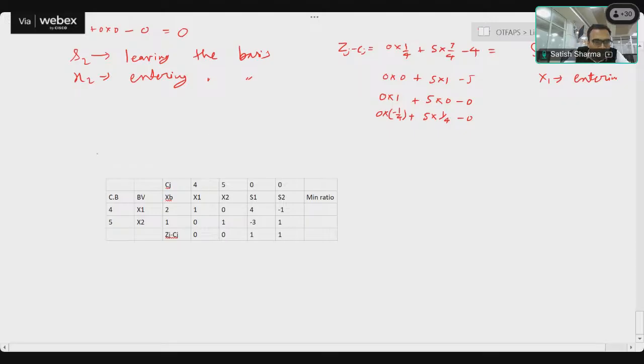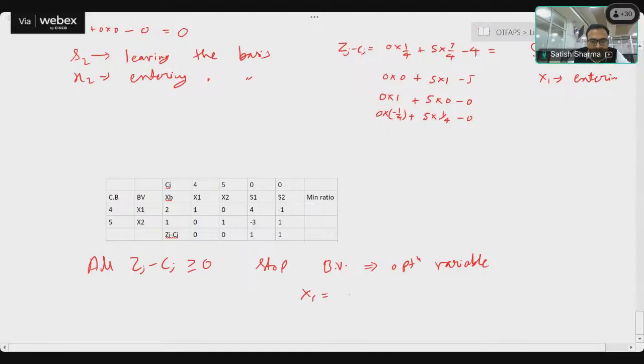So here, basically all Zj minus Cj are greater than or equal to 0. So we will stop the solution, and the basic variables are the optimal variables, which give the optimal value.